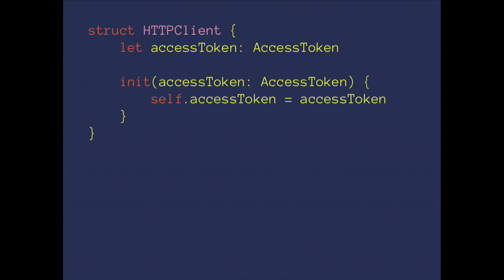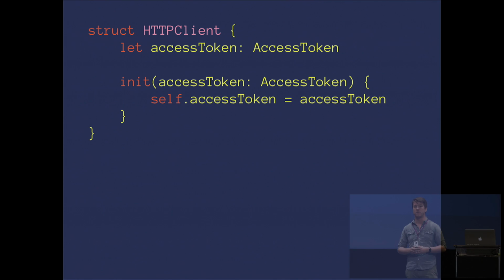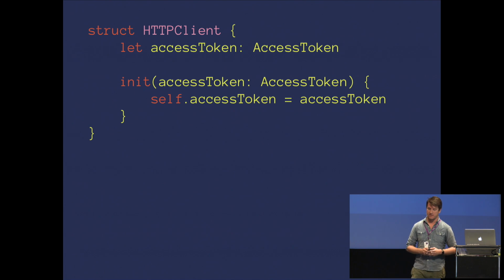We can't create an HTTP client without an access token. This is really powerful. We no longer have to wonder whether we've authenticated our HTTP client. We need to have an access token to get there. And our access token can't change out from underneath us. Once we create an HTTP client, that value is constant. We can begin to very much reason about our code and think about our code logically.